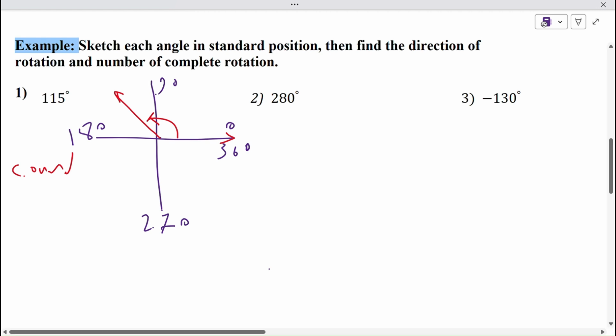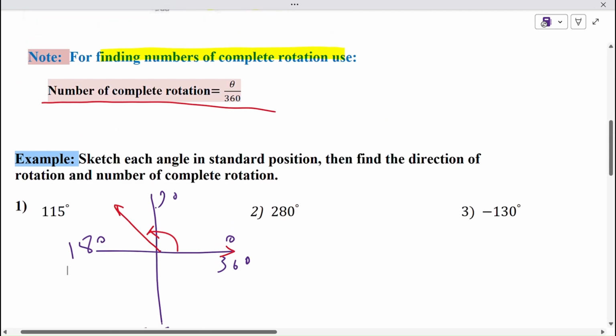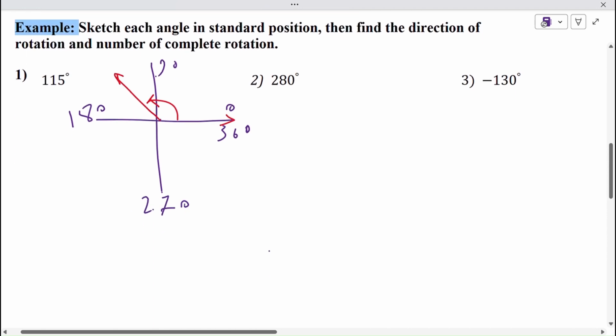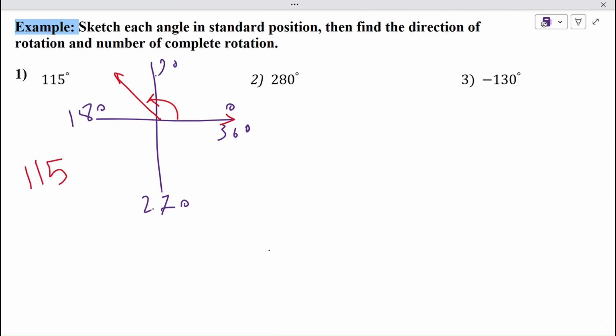And what about the number of complete rotations? We know we find it by dividing theta, which is 115, over 360. So 115 over 360 is equal to 23 over 72. And this is our solution for this angle.